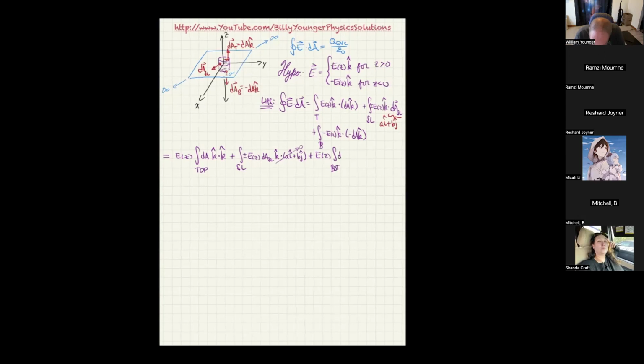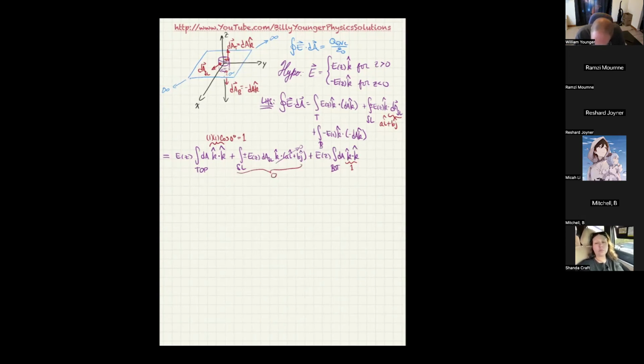And now I have dA K hat dot K hat. Now we know K hat dot K hat is 1 times the cosine of 0 degrees, which is equal to 1. So this one's also 1. And this whole one right here is 0.